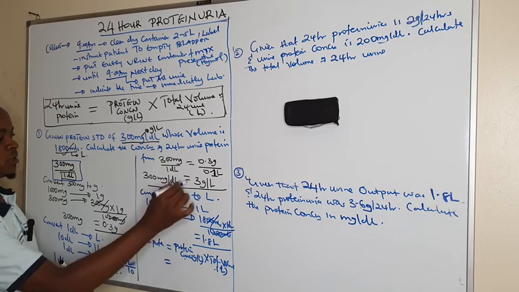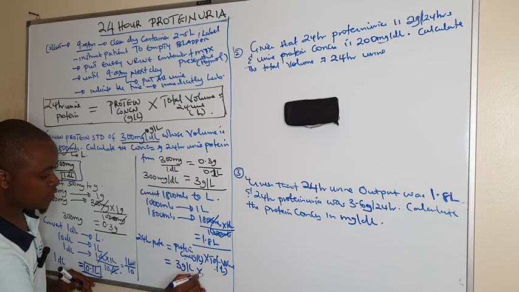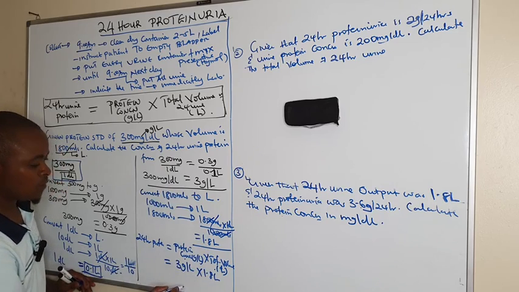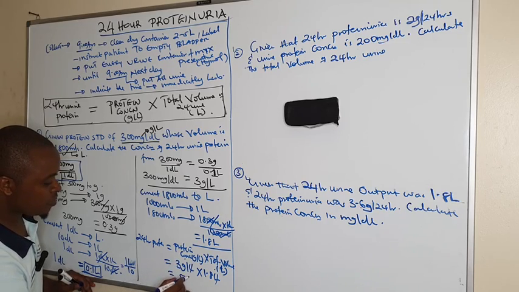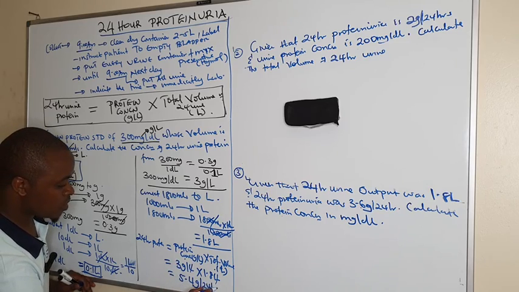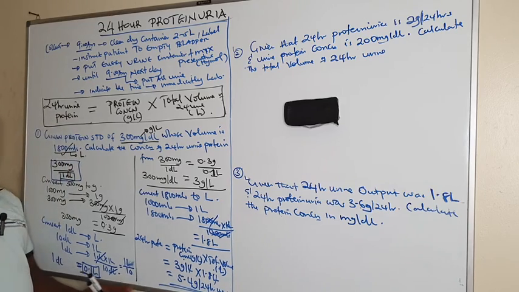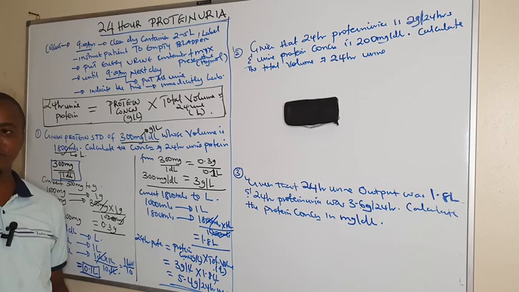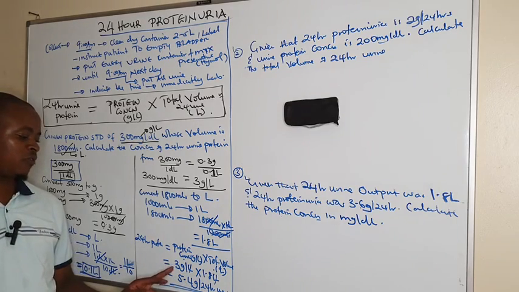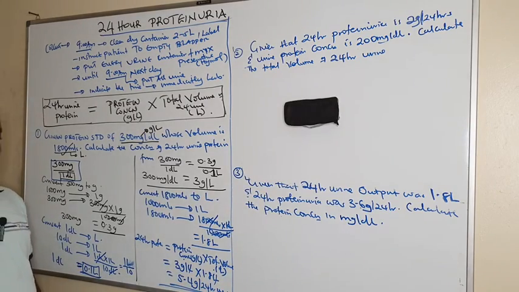We substitute: 3 grams per liter times 1.8 liters, and this liter is going to go with this liter. We remain with 5.4 grams per 24-hour urine protein. So this becomes our 24-hour urine proteinuria. The final answer is 5.4 grams, because 3 times 1.8 gives 5.4.